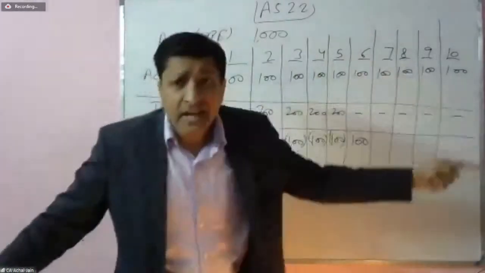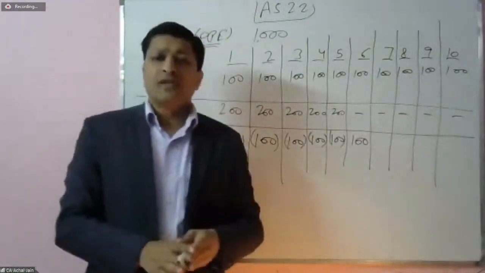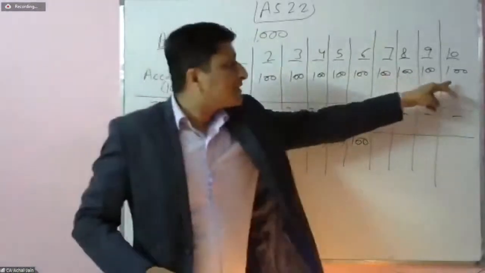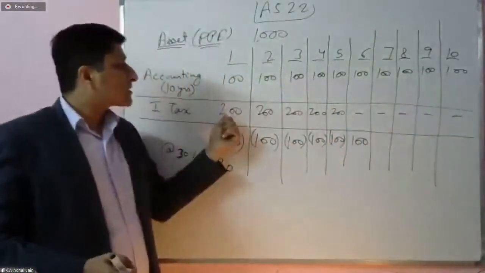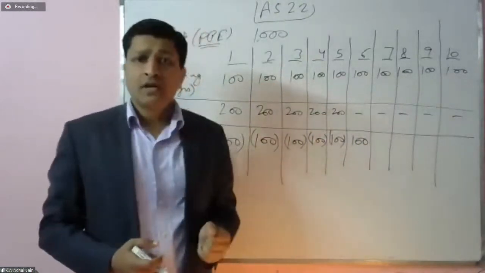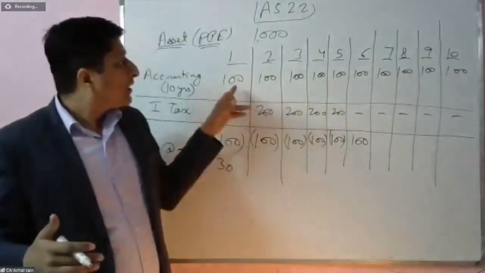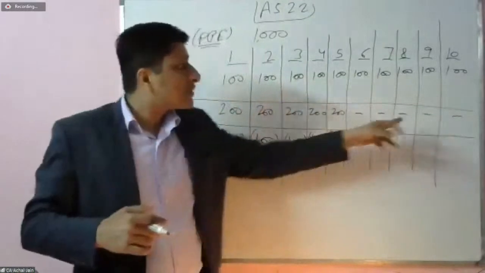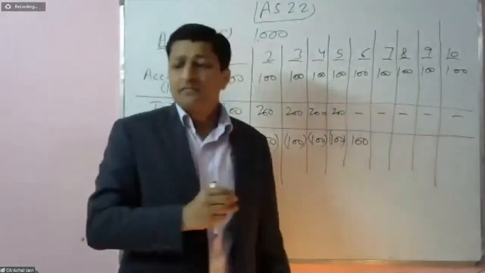Over the life of the asset, the impact is going to be the same. Let's say in 10 years the depreciation charge is 1000, and as per income tax, the depreciation charge is 1000 in 5 years. But over the overall life of the asset, the depreciation charge is 1000 here and 1000 here. It has remained the same.